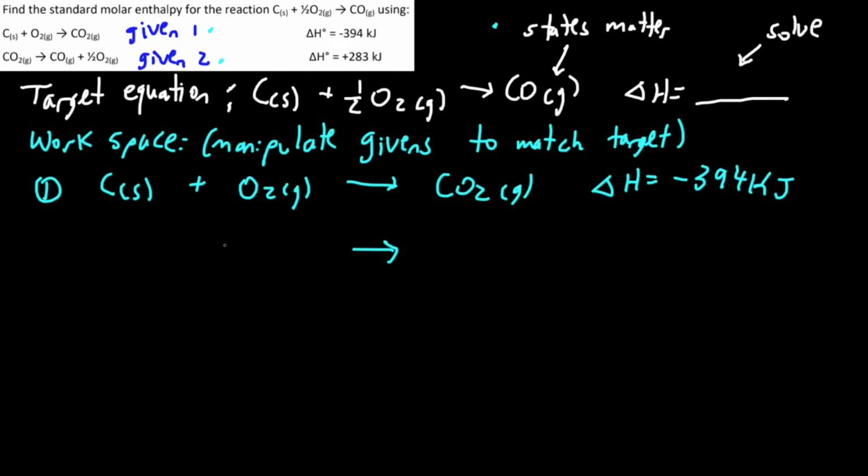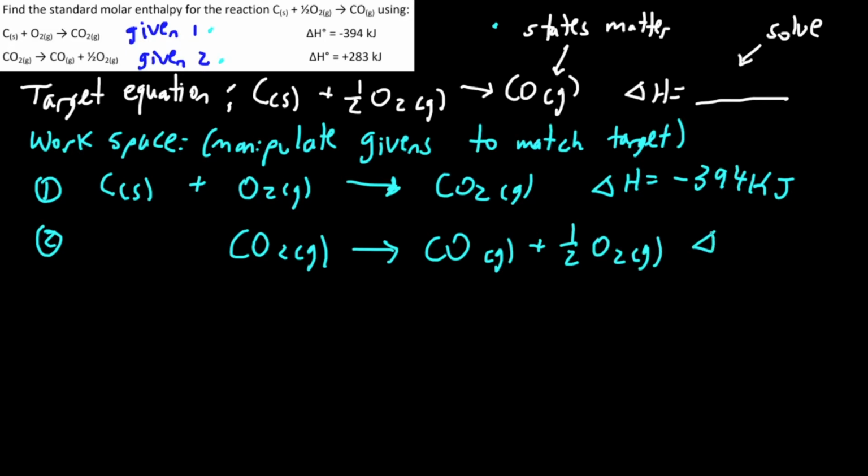So let's write this out. Something I like to do is line up the arrows, and this will help with your calculations. So we have CO2 gas produces CO gas plus 1/2 O2 gas. Delta H equals positive 283 kilojoules.